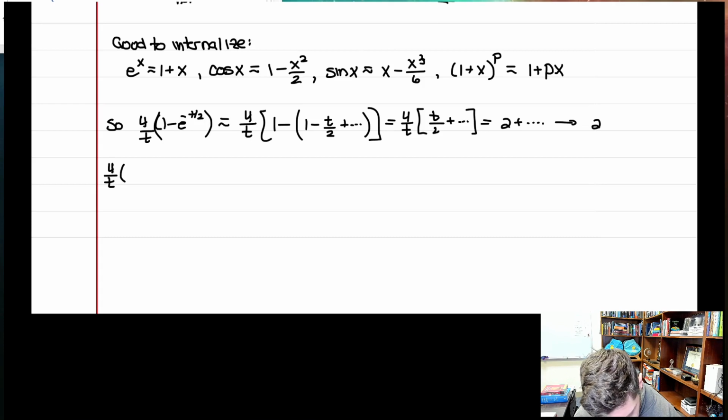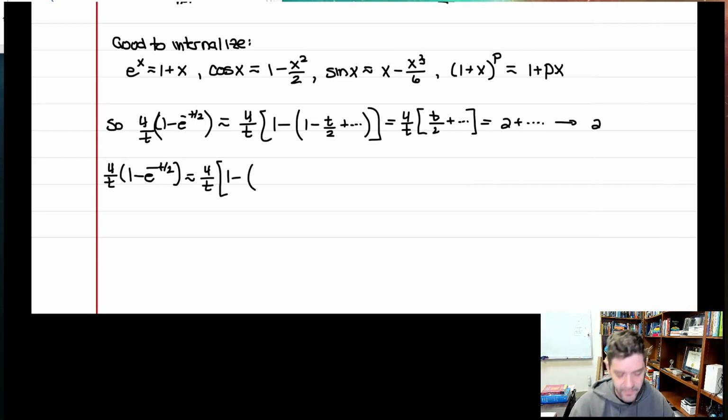Like 4 over t, 1 minus e to the minus t over 2. Let me approximate that, but now let me keep one additional term. Maybe I was concerned that one term was not enough. So I have 1 minus t over 2, but then I'm going to keep an additional term as well.